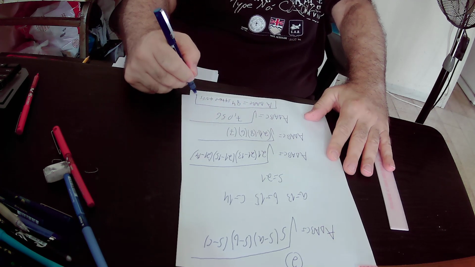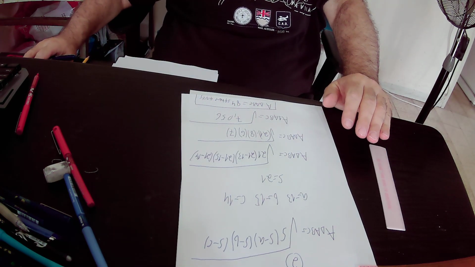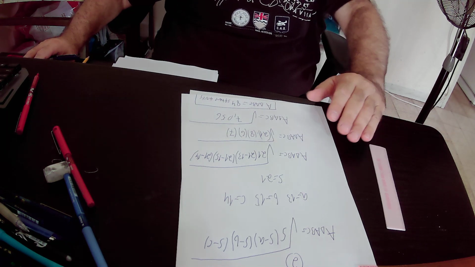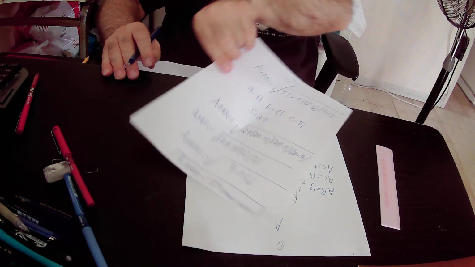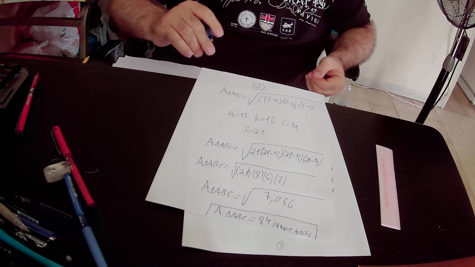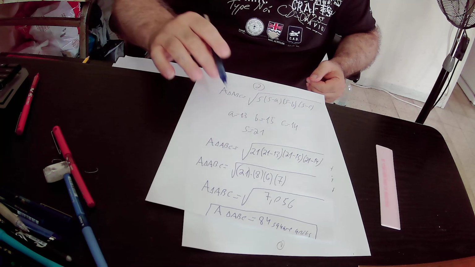So we found that the area of triangle ABC equals 84 square units.